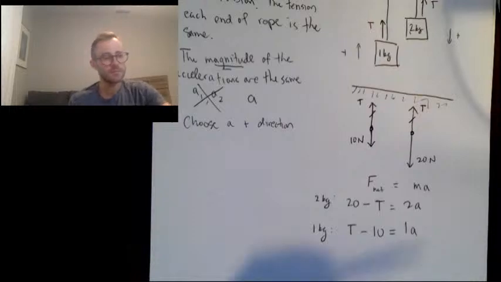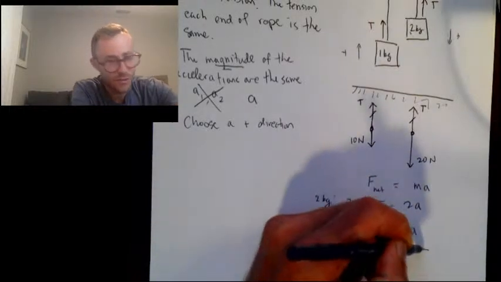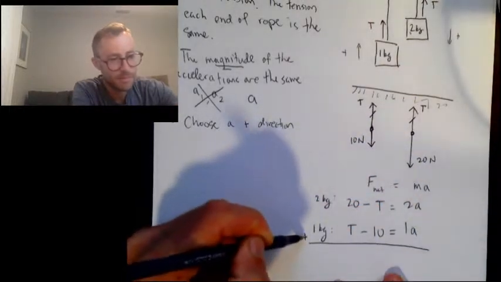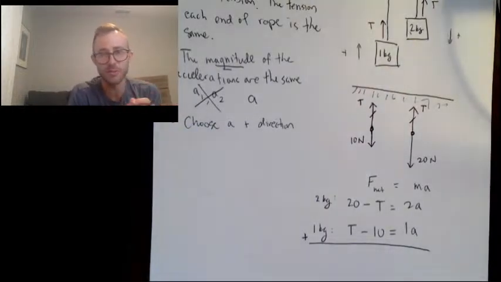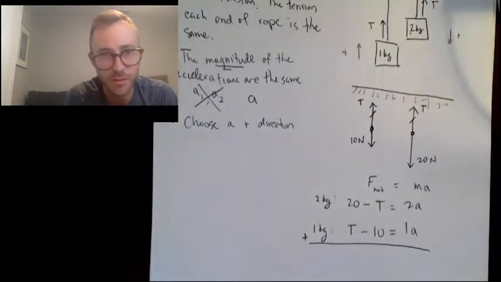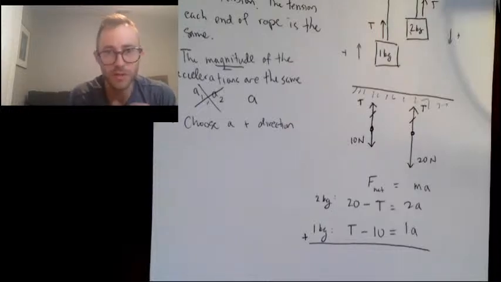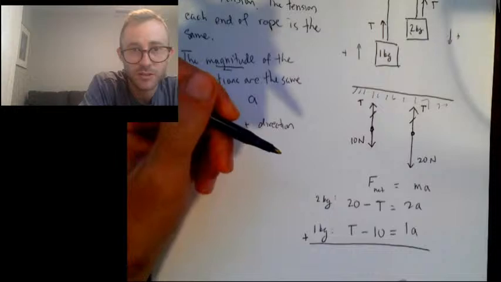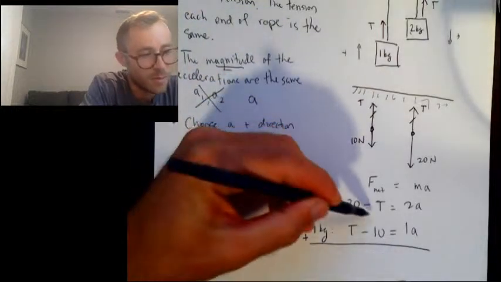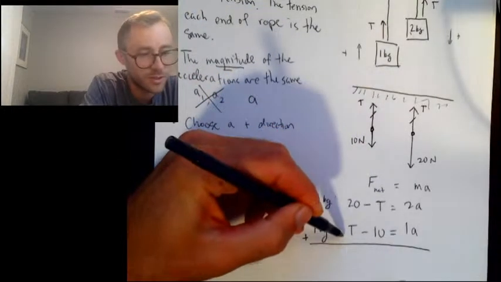Okay? So we add these two equations together. This is a very simple system of equations to solve, okay? And so what you want to do is add the two equations together. Why is this the thing you want to do to solve the equations? Because when you add them together, because the tensions were the same, you have a minus t here and a plus t here.